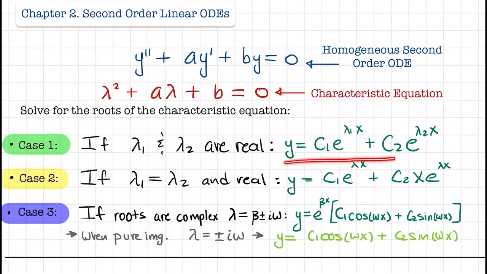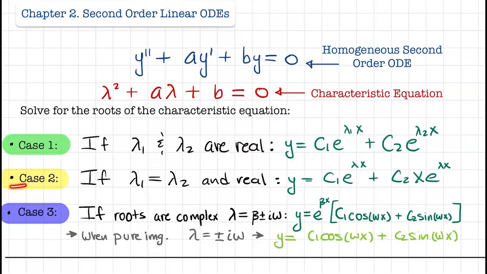This will be our solution: y equals C1 times e to the lambda 1 x plus C2 times e to the lambda 2 x. Once again, lambda 1 and lambda 2 can be positive or negative numbers, it doesn't matter as long as they are different. So if we get, for example, negative 3 and 4, that's fine. If we get negative 3 and positive 3, that's still fine because negative 3 and positive 3 are two different numbers.